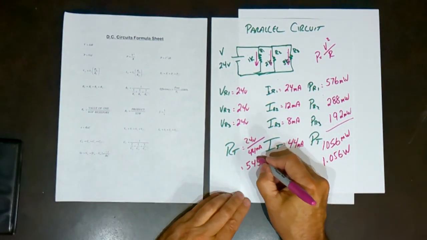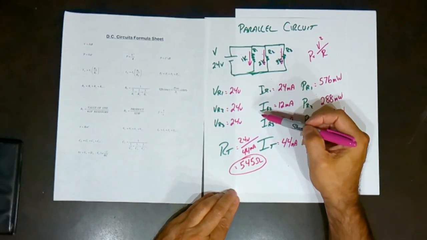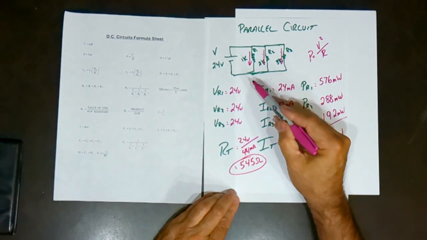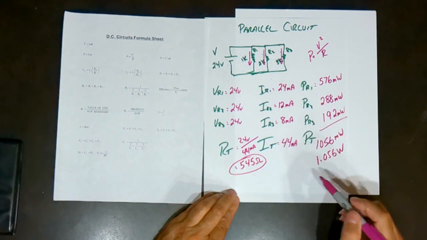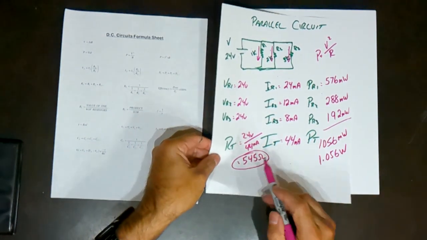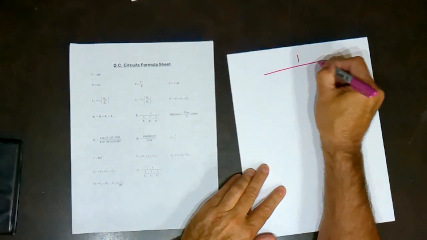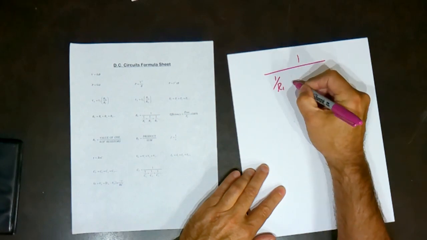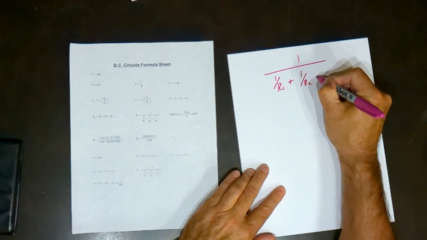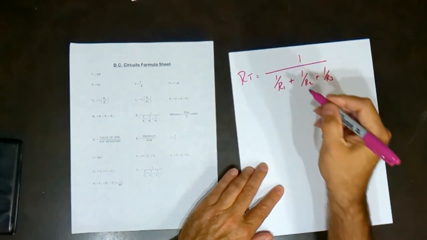Well, it should, because in a parallel circuit, the total resistance is always going to be smaller than the smallest individual branch resistance. So we're going to verify that answer by using the 1 over R1 plus 1 over R2 plus 1 over R3 formula for R total.